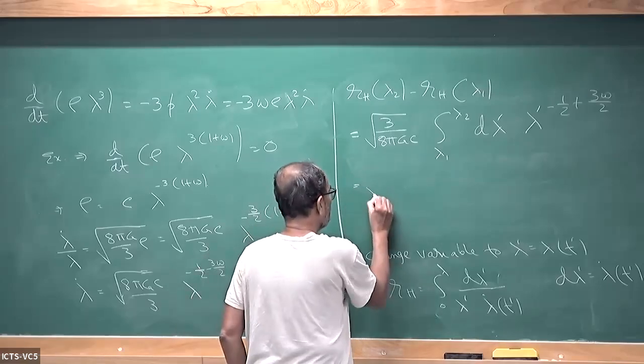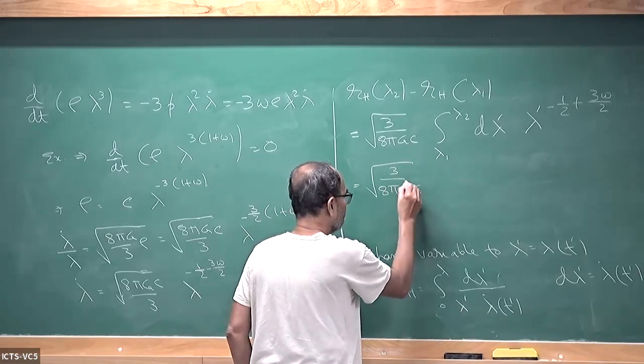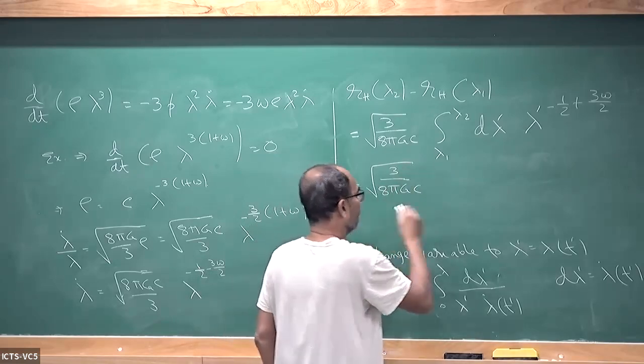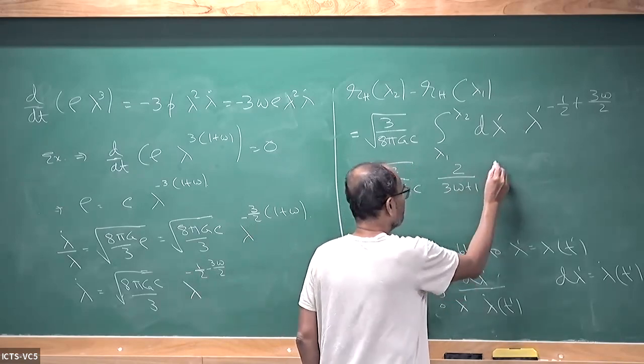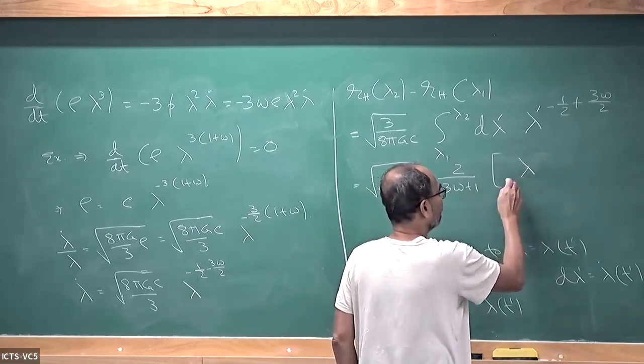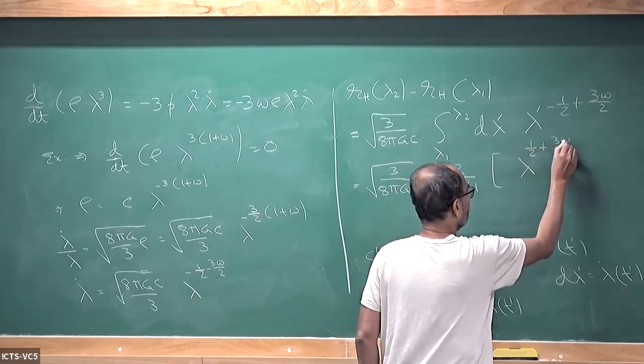So this is square root of 3 over 8 pi GC, and then we get 2 over (3w+1) times lambda to the power half plus 3w by 2.